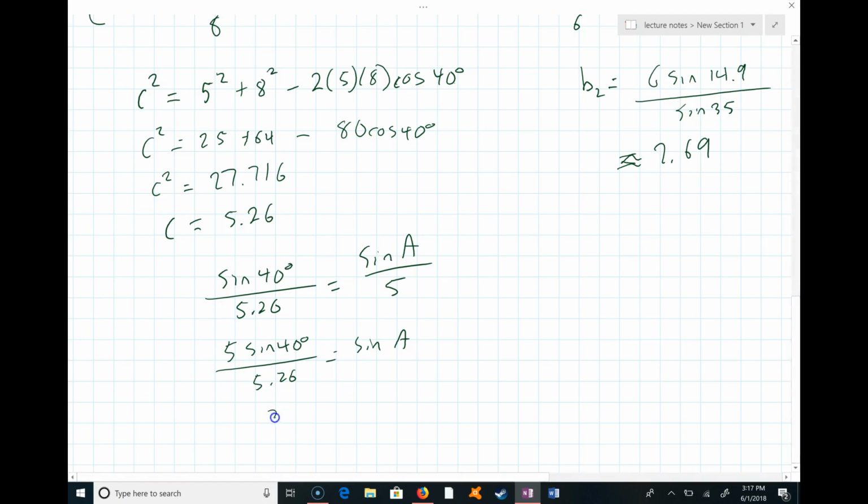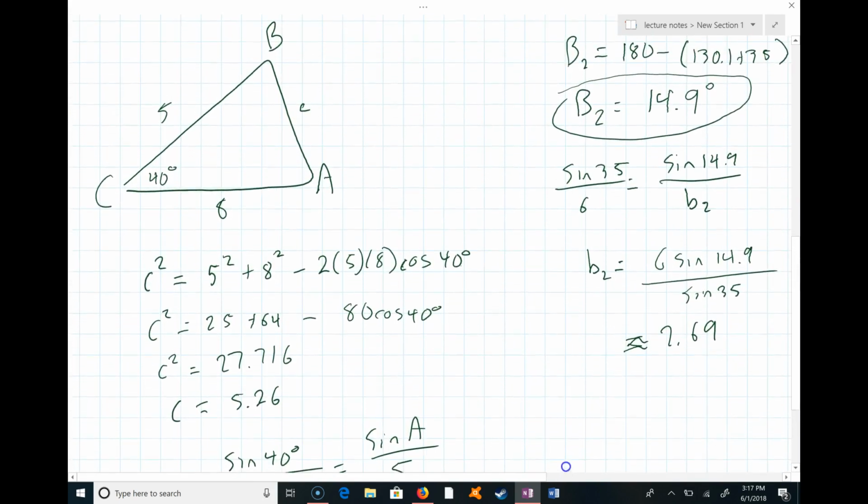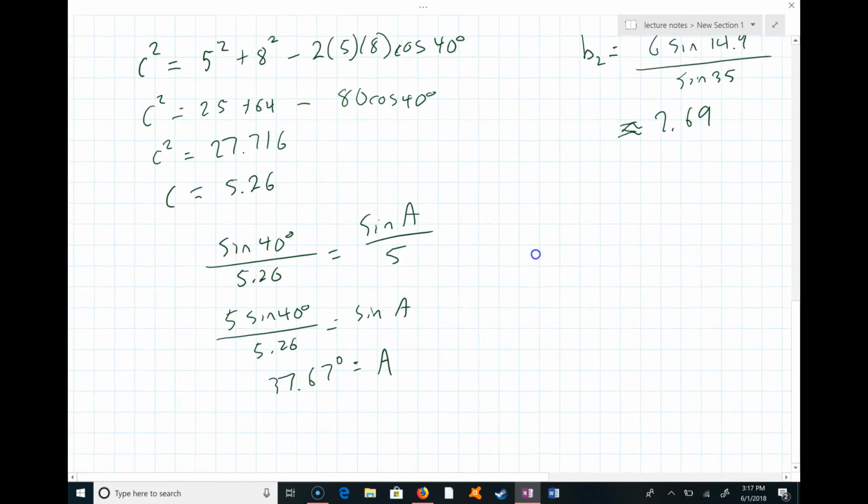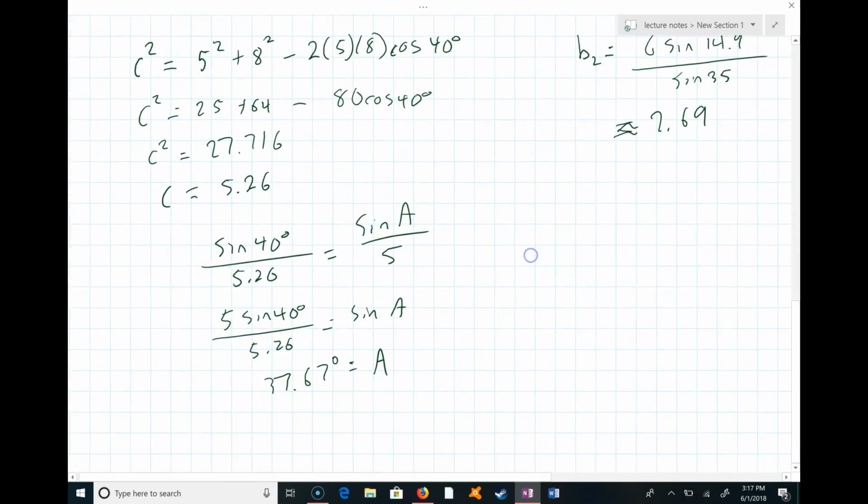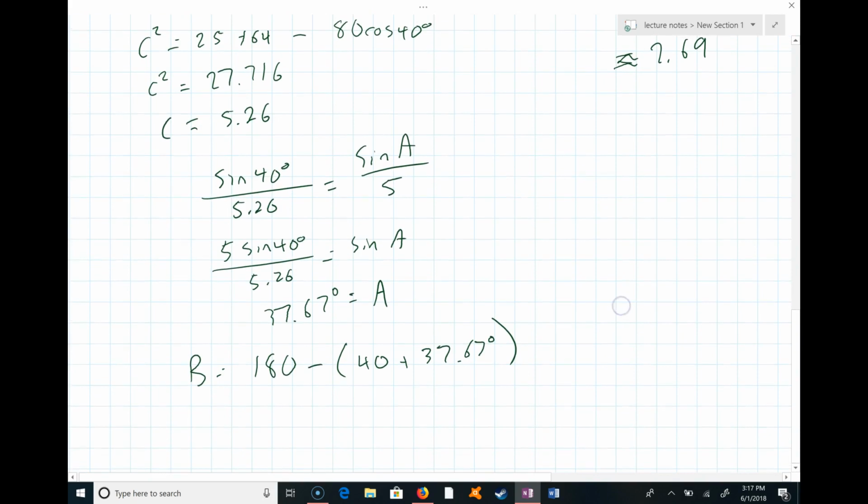And I get 37.67 degrees is equal to A. And then to get angle B, I just add 37.67 and 40 together and subtract that from 180. So that'd be 180 minus 40 plus 37.67 degrees. All right, so that's the law of cosines and the ambiguous case.